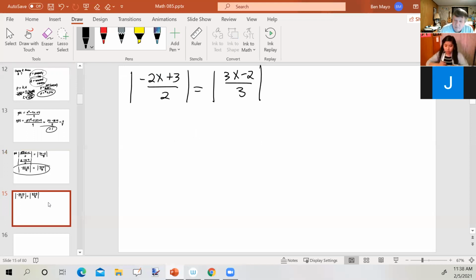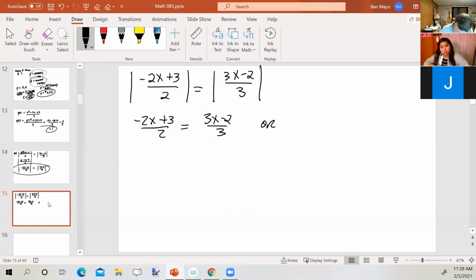All right. So now I'm going to get 2 equations. One of them is going to be negative 2x plus 3 over 2 equals 3x minus 2 over 3, or negative 2x plus 3 over 2 equals the opposite of 3x minus 2 over 3.